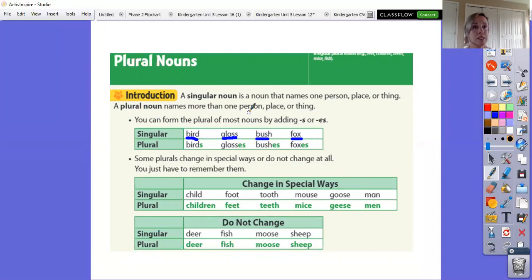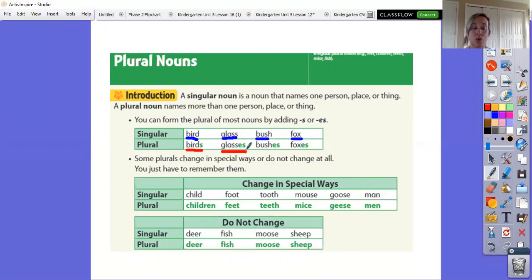So on these instances, you're going to add an S, or I know you've been working on it, an ES, okay? So with birds, I'm just going to add an S right here. Okay, I'll underline it in red so you can see. Glass, I can't just add another S, so I have to add an ES.